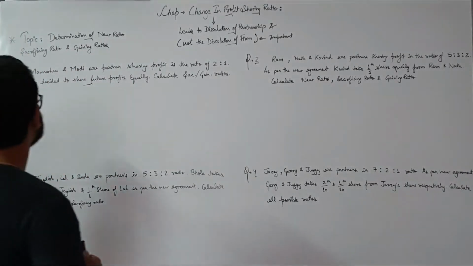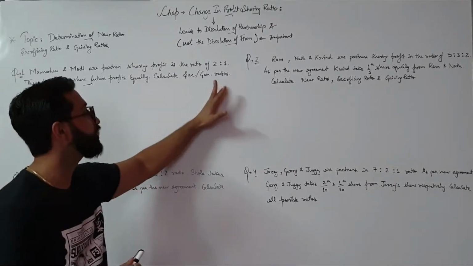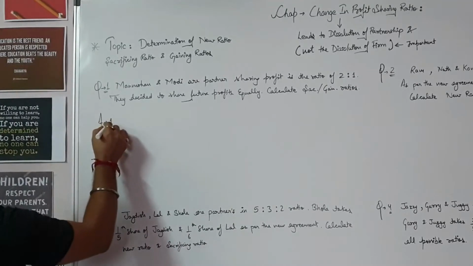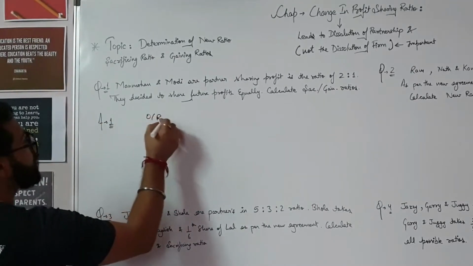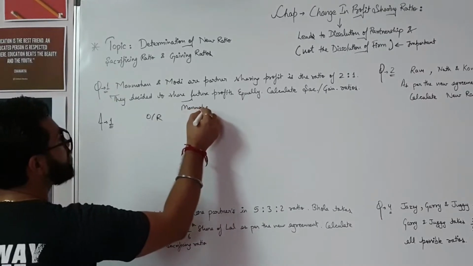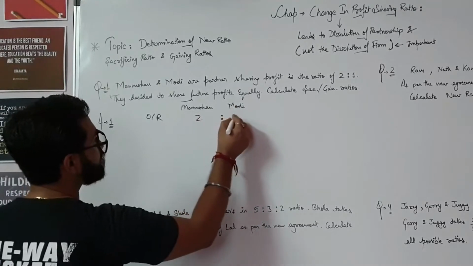Now let us understand. Manmohan and Modi are partners sharing profits in the ratio of 2:1. Means their old ratio between Manmohan and Modi is 2:1.